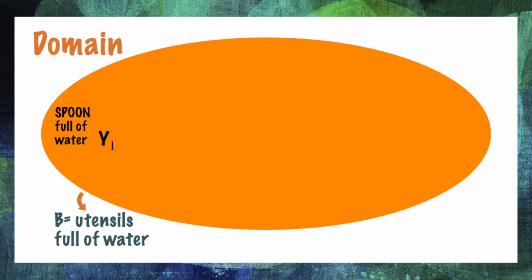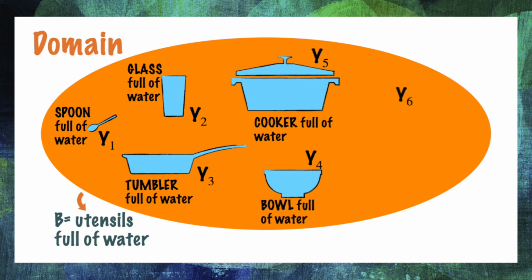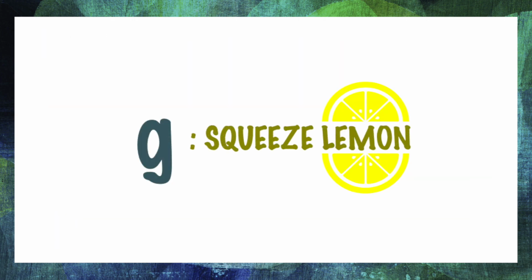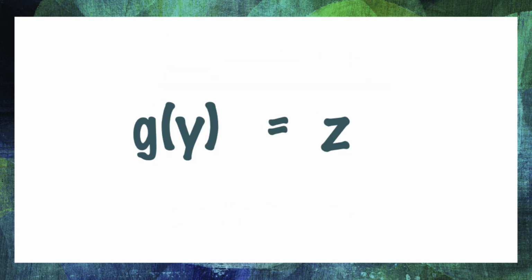So we have a spoonful of water, say y1, a glass full of water, say y2, tumbler full of water will be called y3. So now we apply our given function. So g is squeeze lemon, so apply squeeze lemon on y.